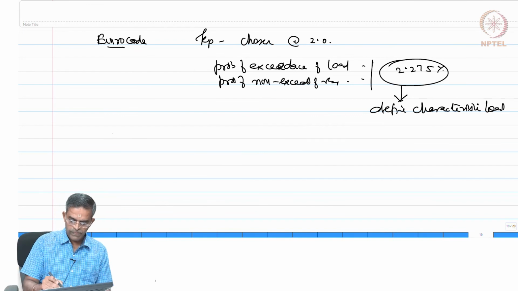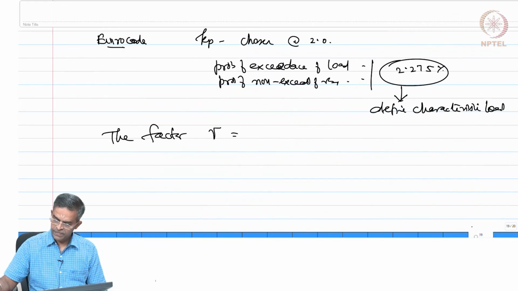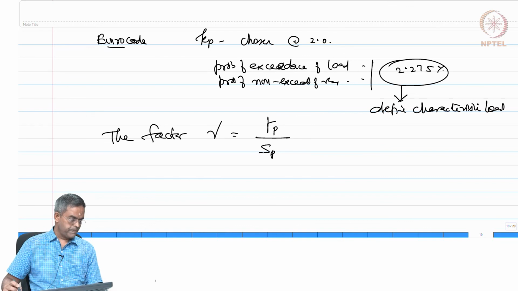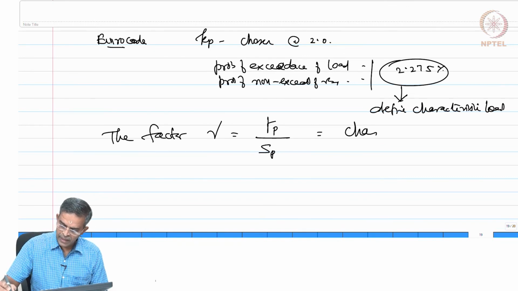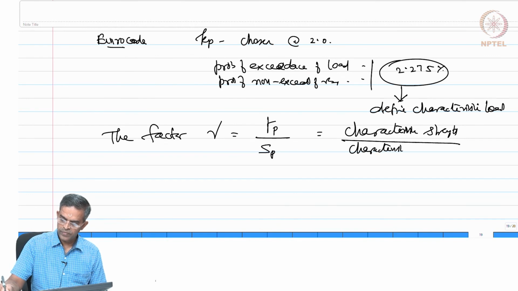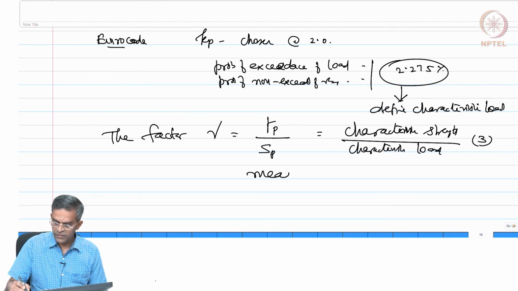So, therefore, the factor gamma which you see here, this factor, okay, is going to be Rp by Sp. So, which is nothing but characteristic strength by characteristic load. So, this is the measure of safety.